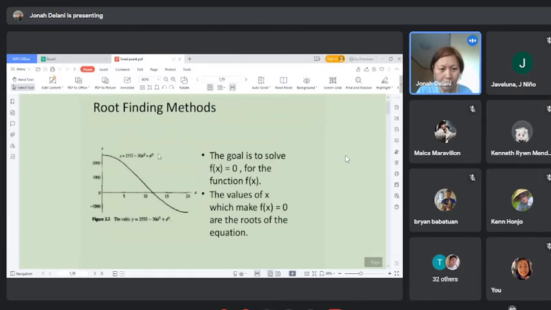So if we consider this, if our interval is between 5 and 15, f of 5 is positive, f of 15 is negative.